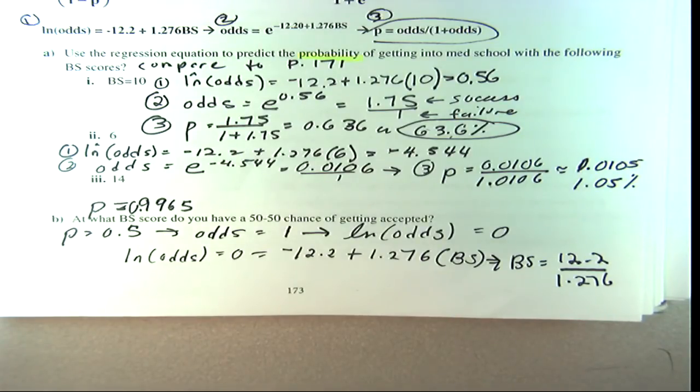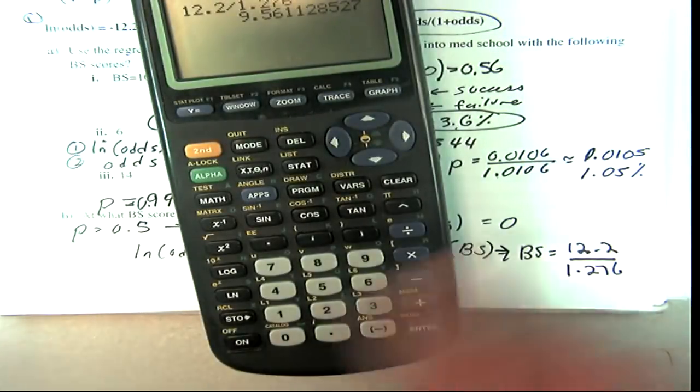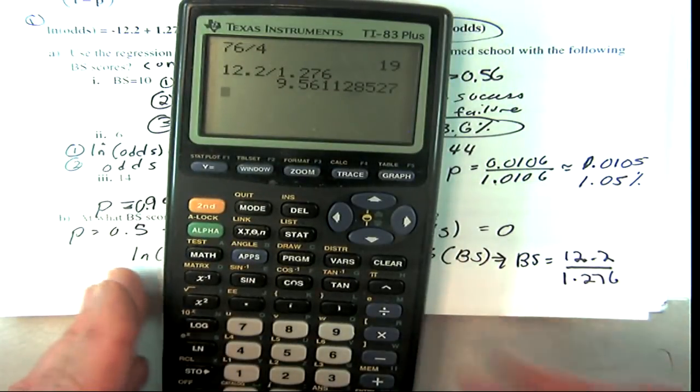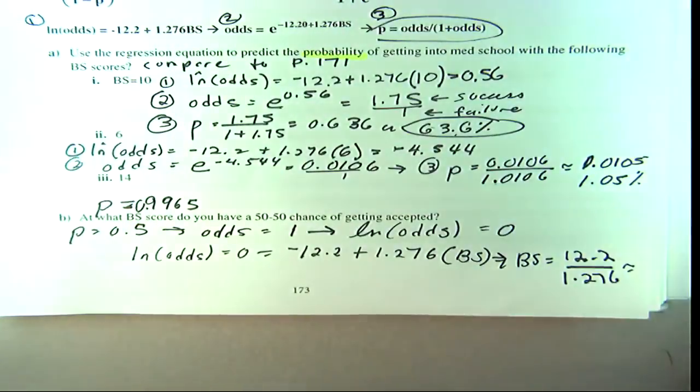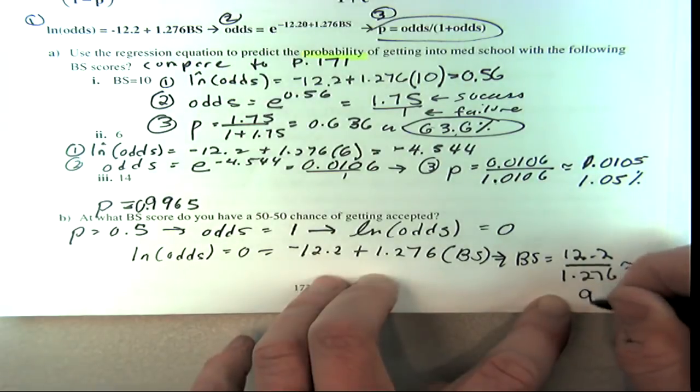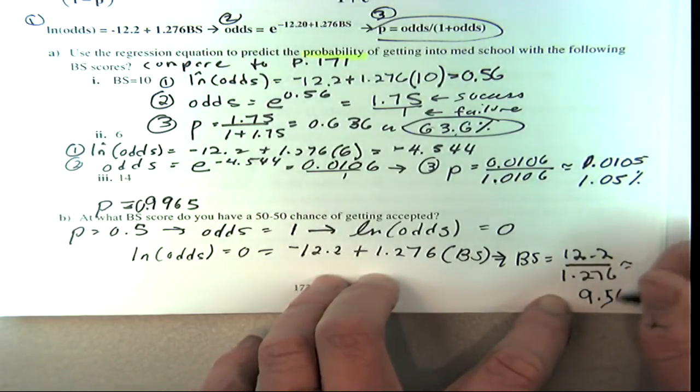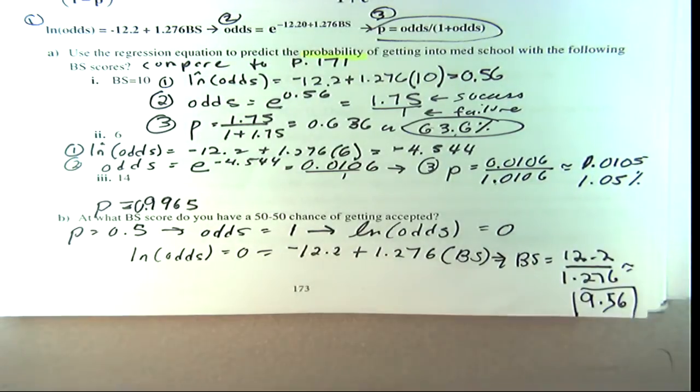And 12.2 divided by 1.276 is, so 9.56 approximately, which is what we thought about. All right, any questions on that?